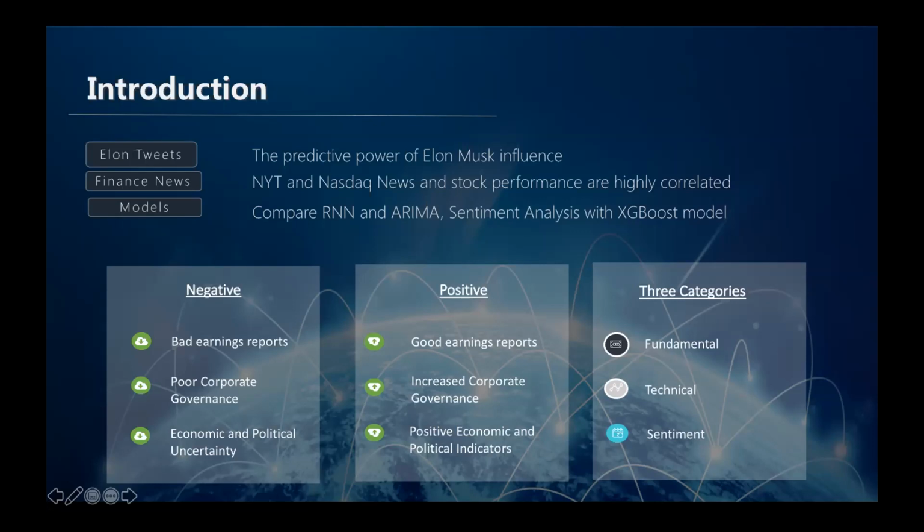I applied sentiment analysis and machine learning models, especially XGBoost, to tweets and news, which are extracted from Elon Musk tweets and Nasdaq news and New York Times news about Tesla. Usually there are three categories of news: fundamental, technical, and sentiment. So it can be divided into positive and negative news.